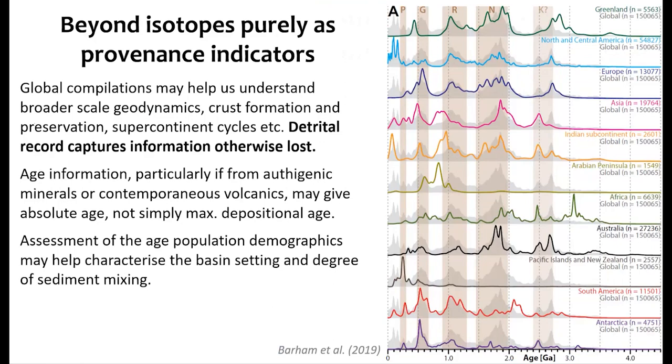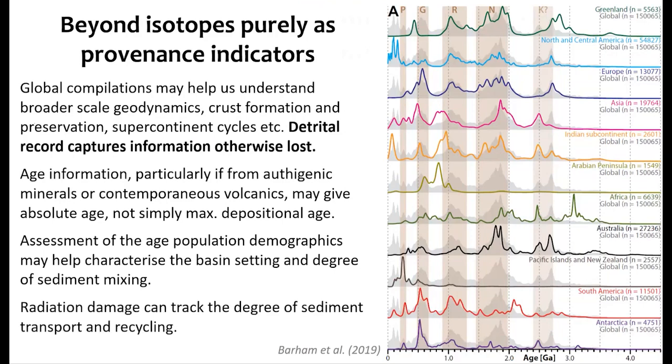So what sort of tectonic setting do these sediments accumulate in? And how much sediment mixing had undergone. And we're also going to touch on using the radiation damage of those crystals to track something about the degree of sediment transport and recycling. So it's getting into that deeper, closer to that original, true natural variability of these systems.